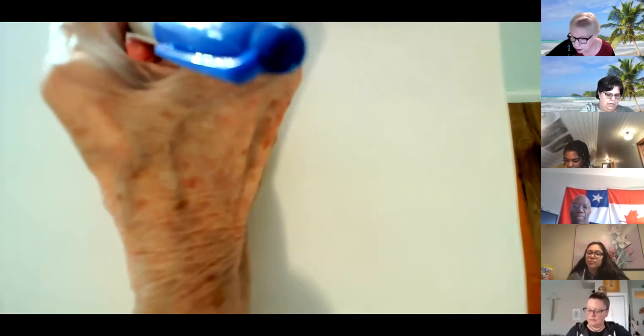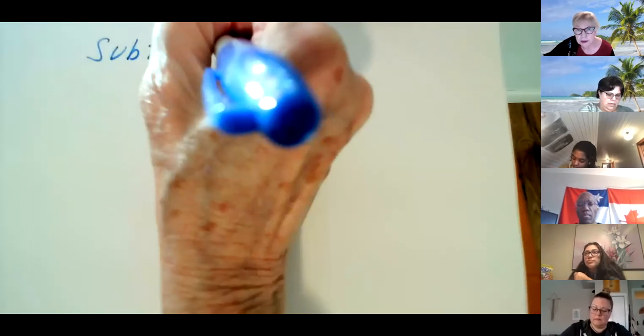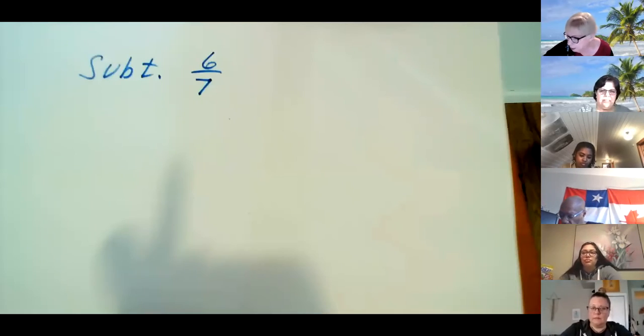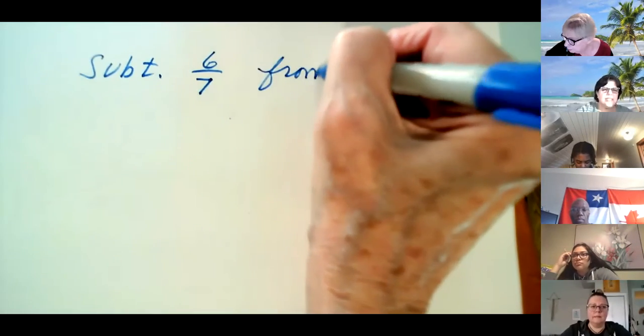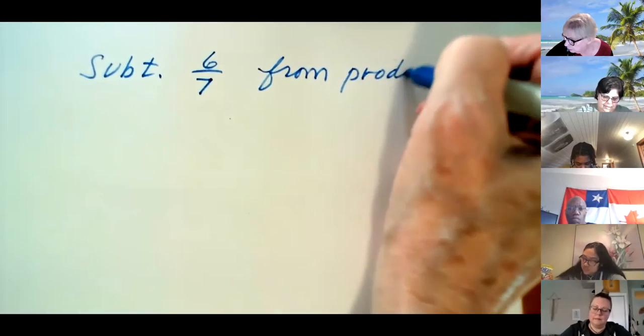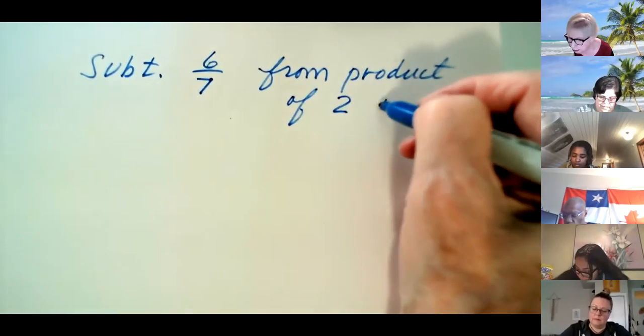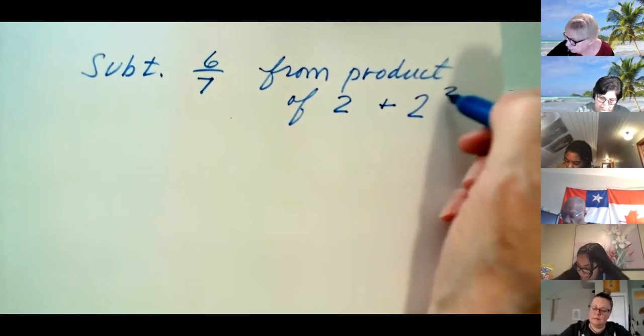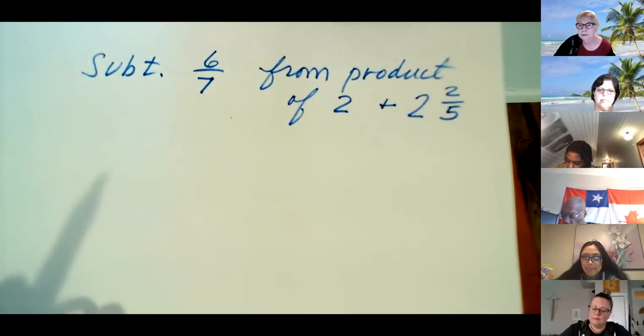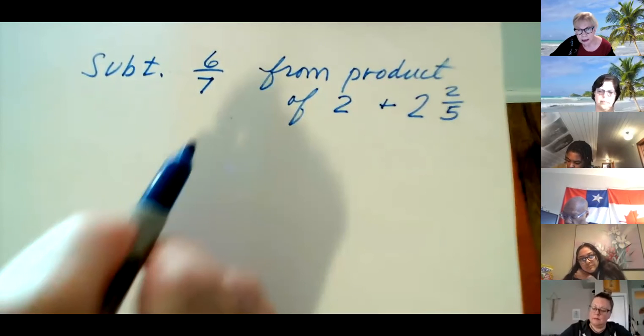Someone asked me about this problem. Subtract 6/7 from the product of 2 and 2 2/5. Okay? Subtract is subtract.